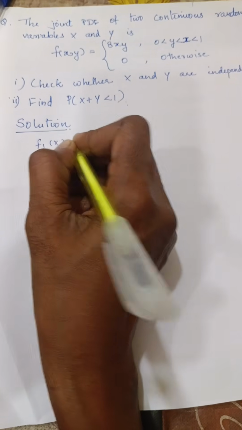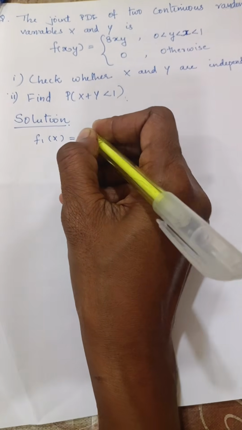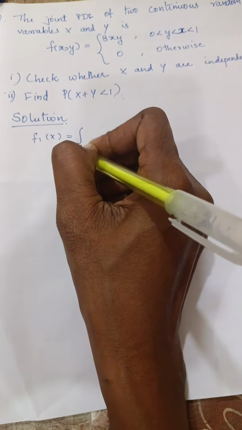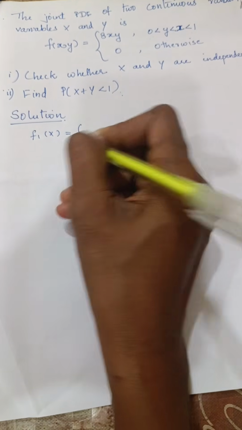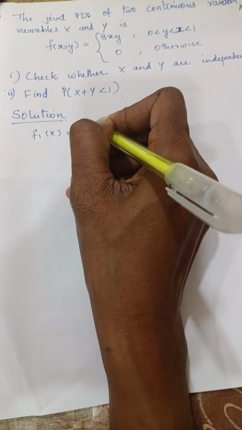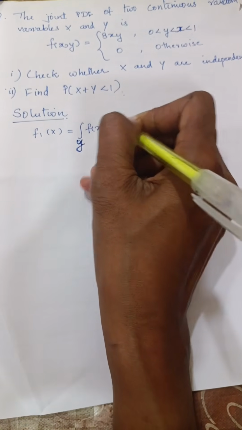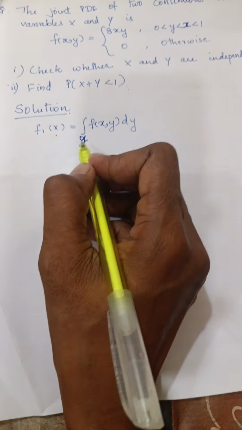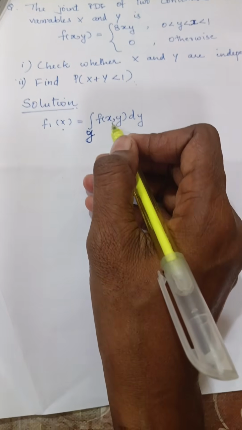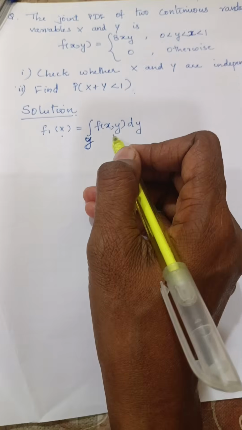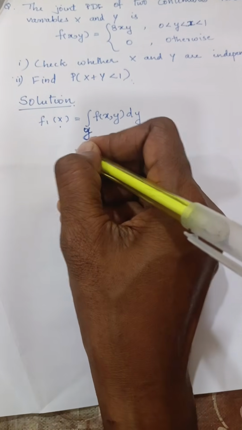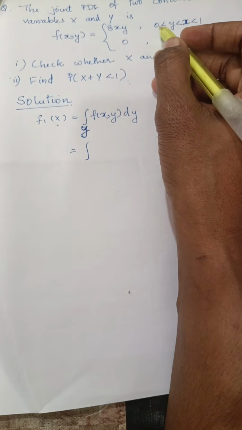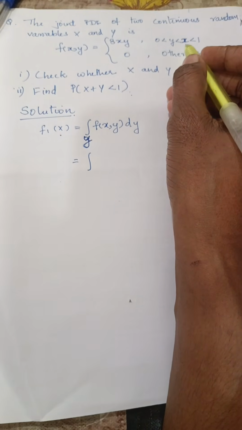So f1x can be found by integrating our joint probability density function with respect to y. So for finding the marginal density function of x, we have to integrate the joint probability density function with respect to y, which is equal to the integral, and the limit of y is ranging from 0 to x.